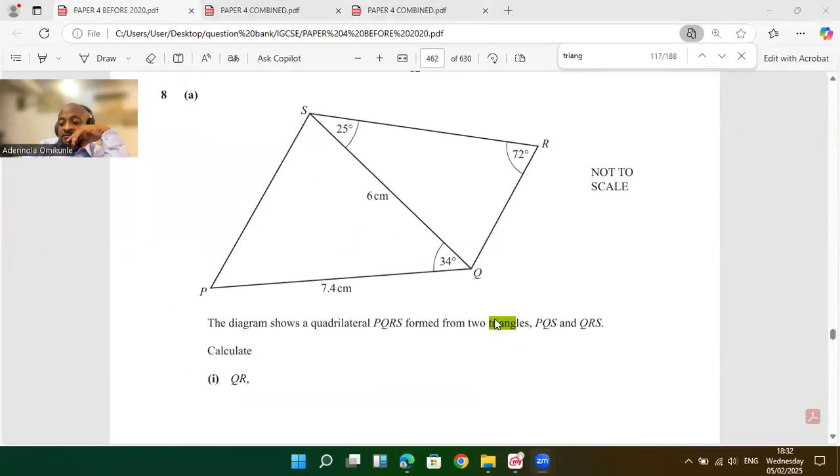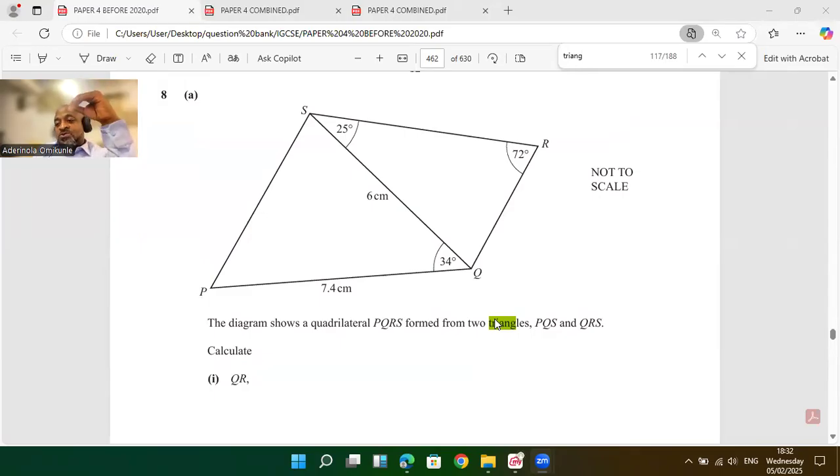So usually the questions that carry a lot of marks are questions that have two triangles joined together, right? And then from there, you're able to find the side that you want to find. Okay, so the first question here says calculate QR.